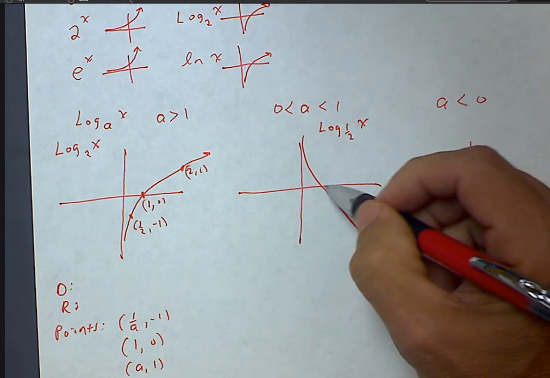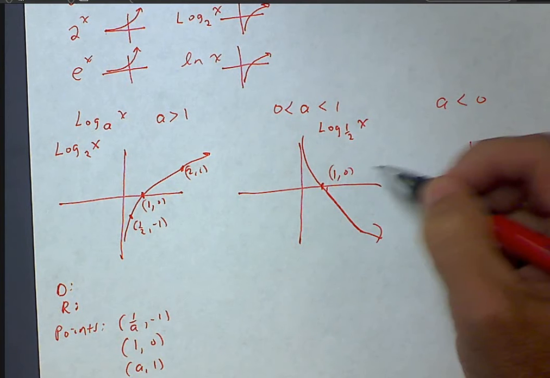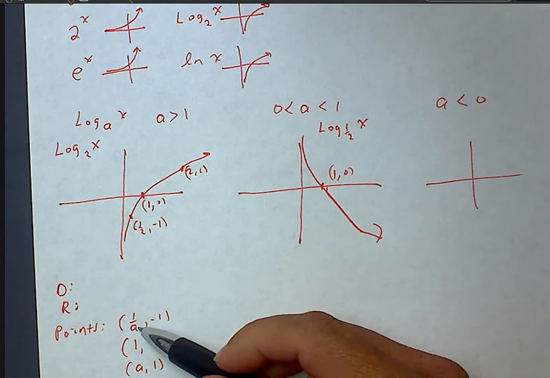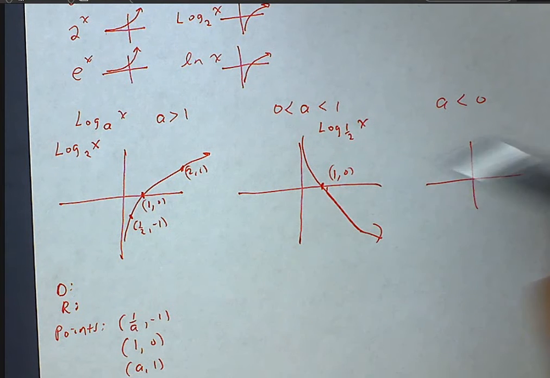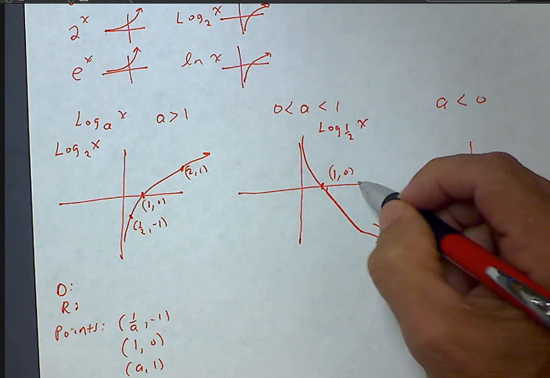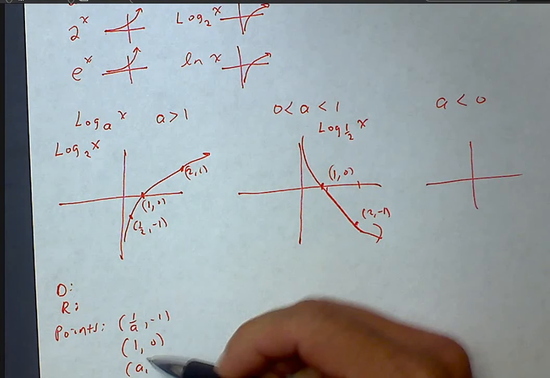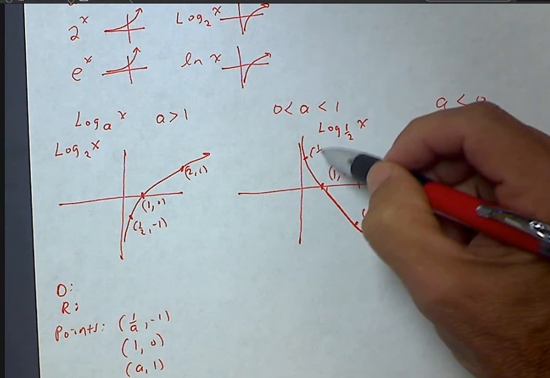It's also at the point 1, 0. It's going to go to the point 1 over a, so that's 1 over 1/2, so that's 2, -1, and to the point a, 1, so that is 1/2, 1 right there.